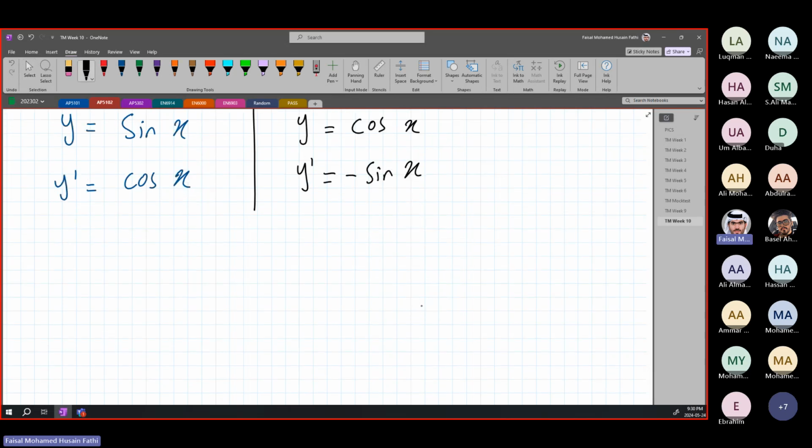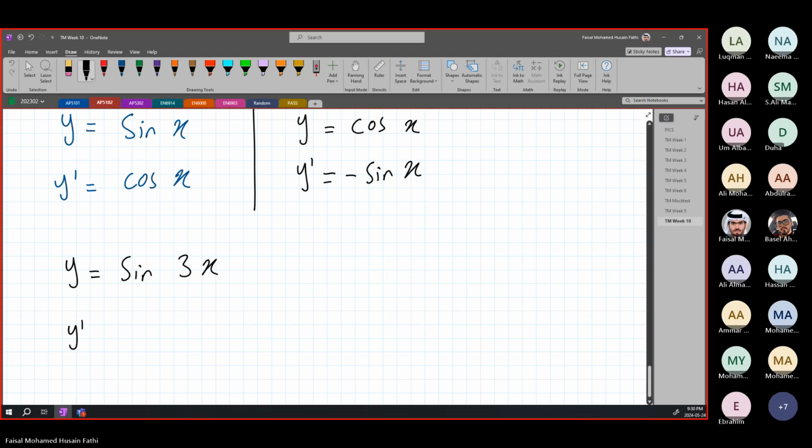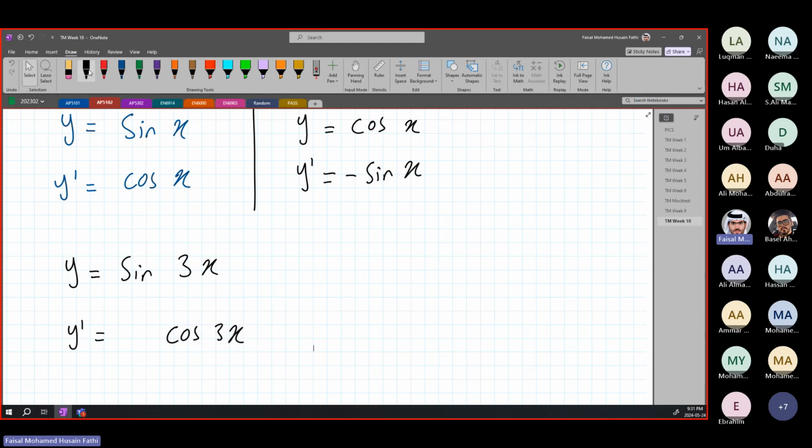How about if we have y is equal to sine 3x? What you're going to do is, when you want to do y prime, it's going to be also from sine, it is going to change into cosine of 3x. Nothing changes inside, all right? So this is like this. The 3x will not change, but the 3, you are going to take it outside and multiply as well, all right?